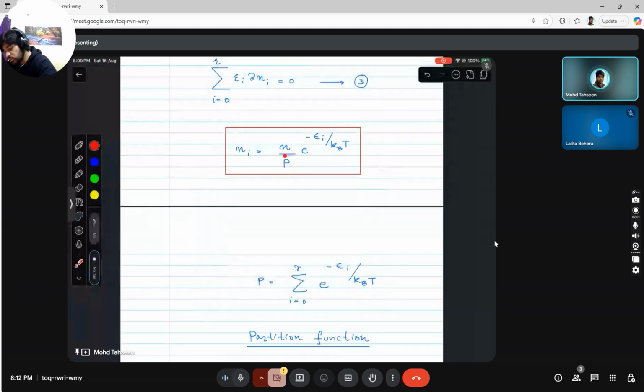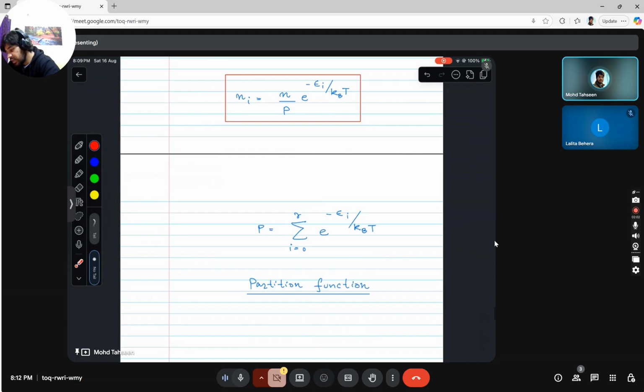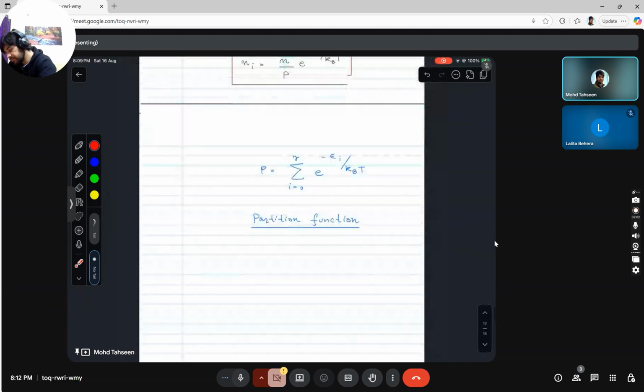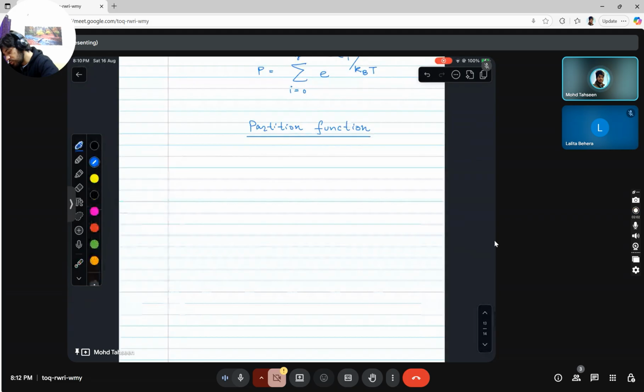So this formula relates the number of particles in each energy level to the energy of that energy level. So basically, given an energy level, we can find out the number of particles in that energy level, right? And if we try to plot this function, the plot looks as follows.